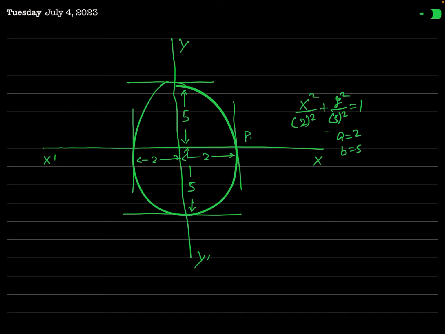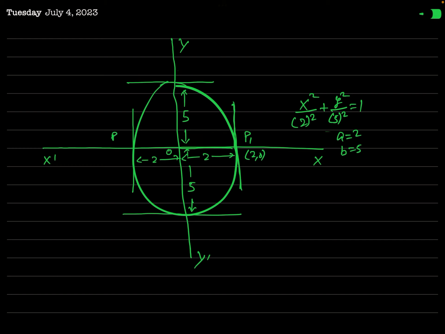Let us consider this point P1, and if you draw a tangent at this point P1, you can see that this tangent is parallel to the y-axis. And what are the coordinates of this point? If you take the origin here, the x coordinate of this point is 2 and the y coordinate is 0.